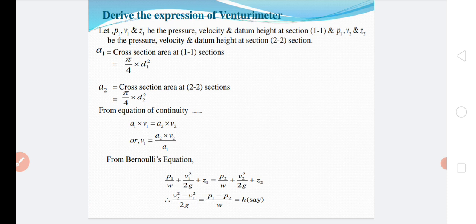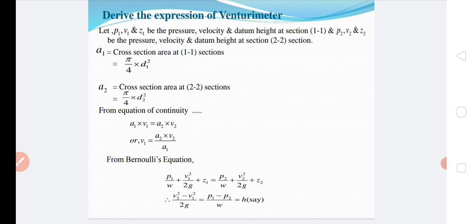As per Bernoulli's equation, we can write for section 1 the pressure energy, kinetic energy and datum energy, P1 upon W plus V1 square by 2G plus Z1, equals that of the outlet section, P2 by W plus V2 square by 2G plus Z2.